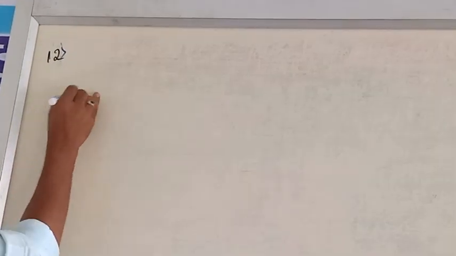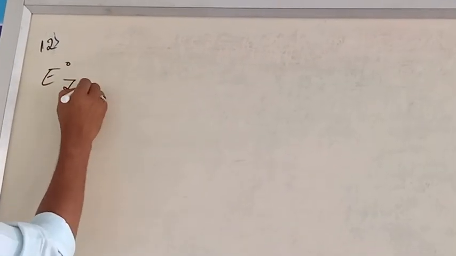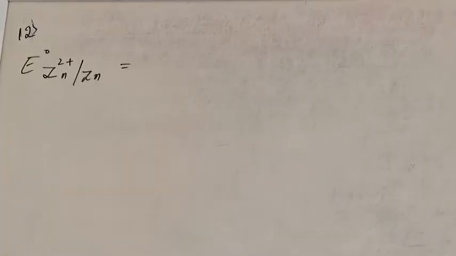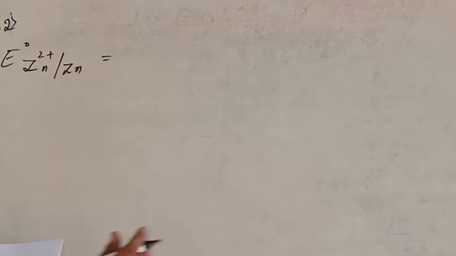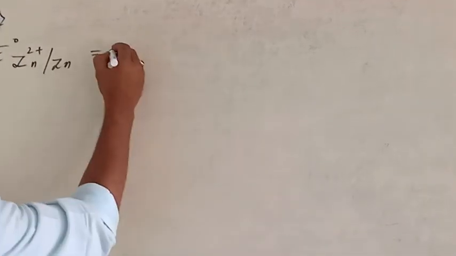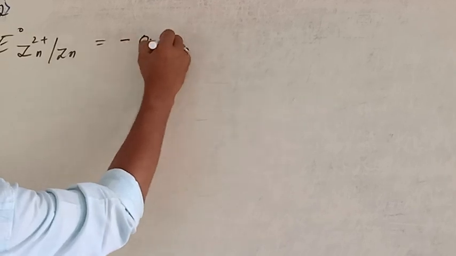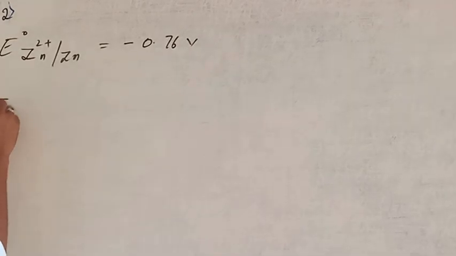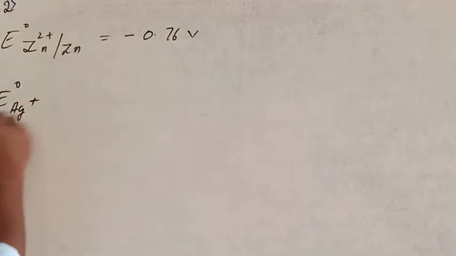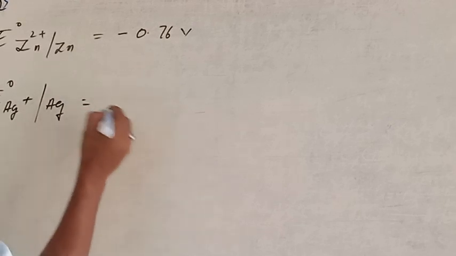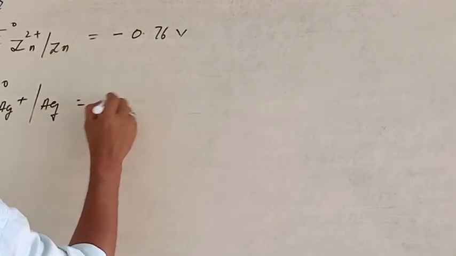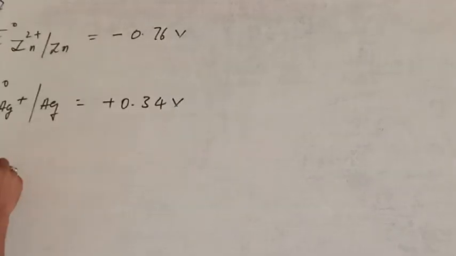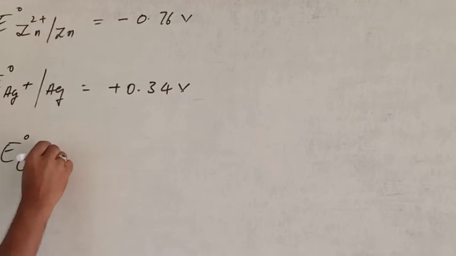The electrode potential of zinc is given, minus 0.76 volt, and similarly the standard electrode potential of silver is also given, that is plus 0.34 volt.